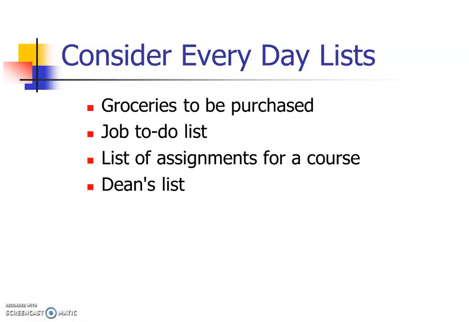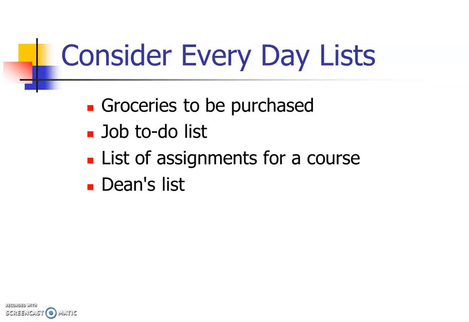Maybe they are sorted by priority, and maybe they are not. It doesn't matter. But all the things on the list are groceries, things that you want to purchase in the supermarket. So they have some connections. The items on the list are related to each other. They have a main theme.